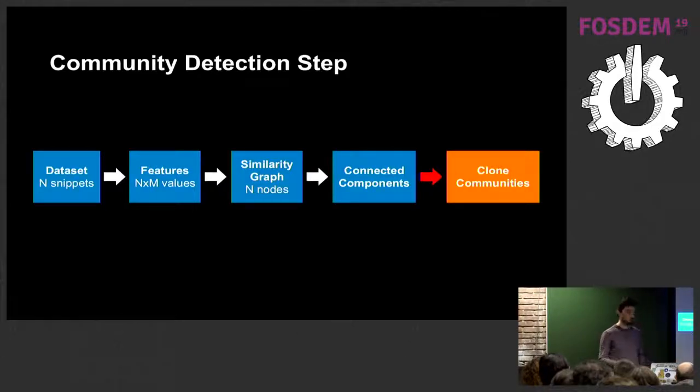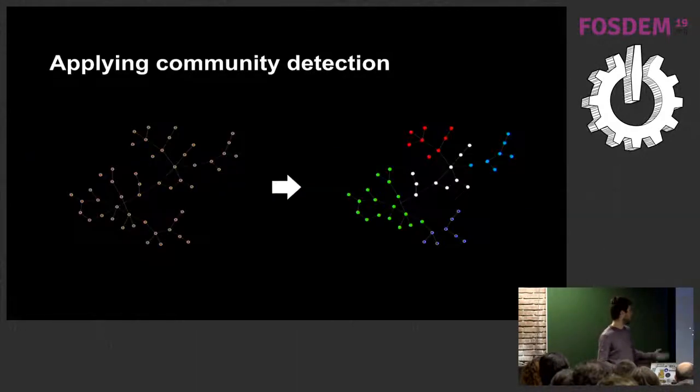So this is why we do the community detection. And it looks something like this. You can see it kind of puts into the same groups files that are relatively close, depending on the structure of the edges.